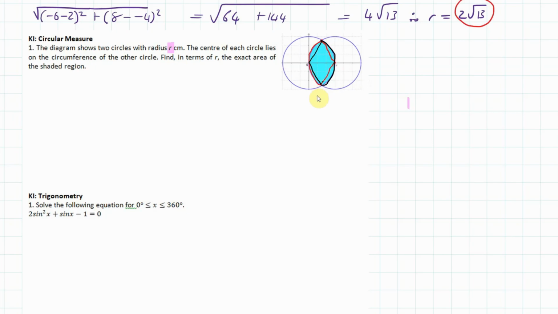Okay, so let's work out the area of the red sector. I know that that is 120 degrees. Now, we wanted to use radians for this. So the red sector is equal to half times r squared times theta. Now theta in this case is, what is it?